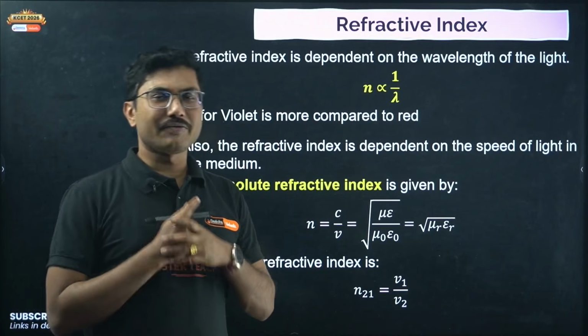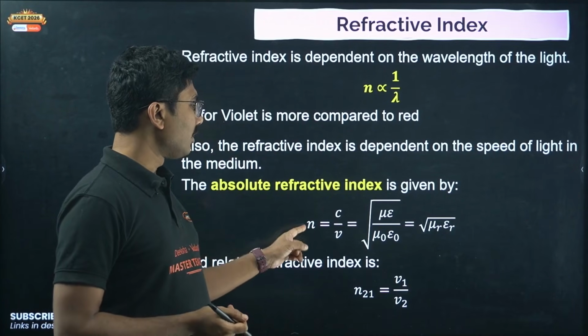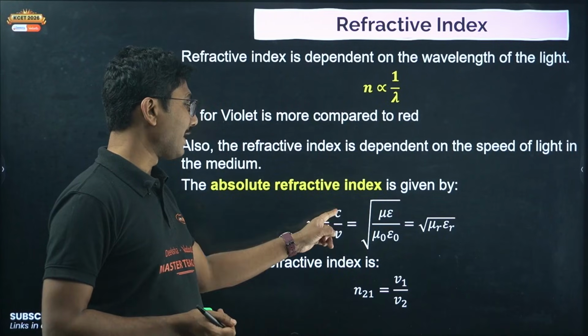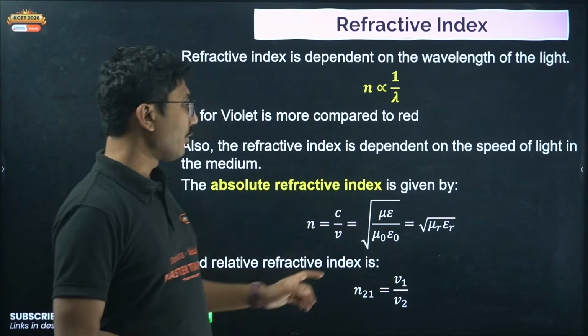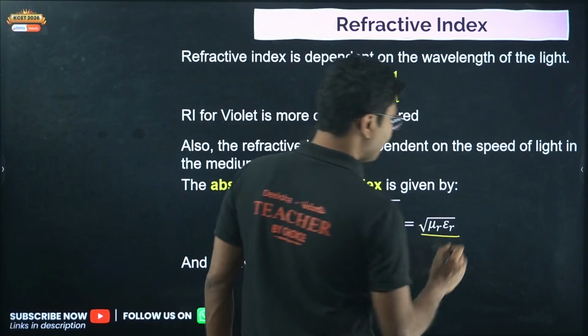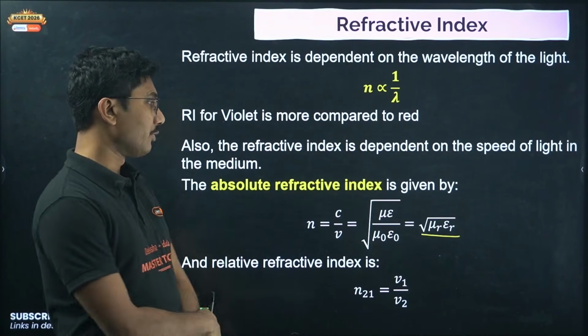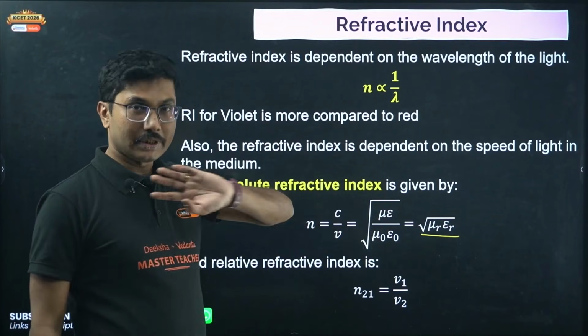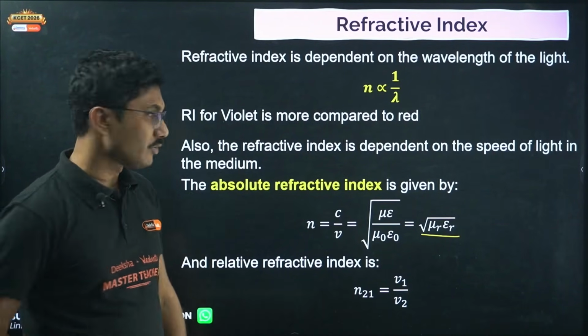So the refractive index of air is also 1. Normally, refractive index is the speed of light in air divided by the speed of light in the medium. In terms of relative permeability and permittivity, it is the square root of mu r epsilon r. 1 by the square root of mu naught epsilon naught is the speed of light in vacuum. If you remember, we discussed it in the electromagnetic waves chapter.